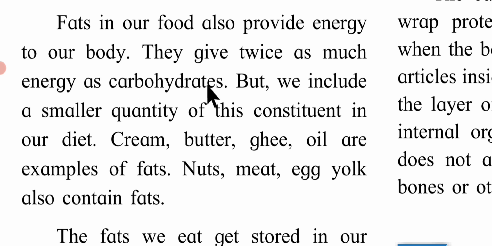They give twice as much energy as carbohydrates, but we include a smaller quantity of this constituent in our diet. Cream, butter, ghee, oil are examples of fats. Nuts, meat, egg yolk also contain fats.